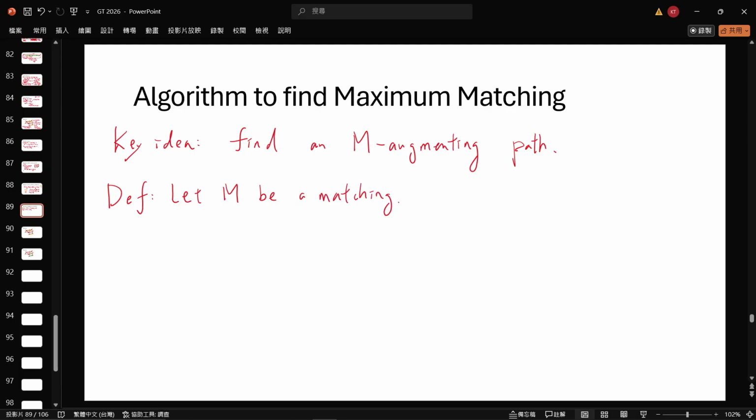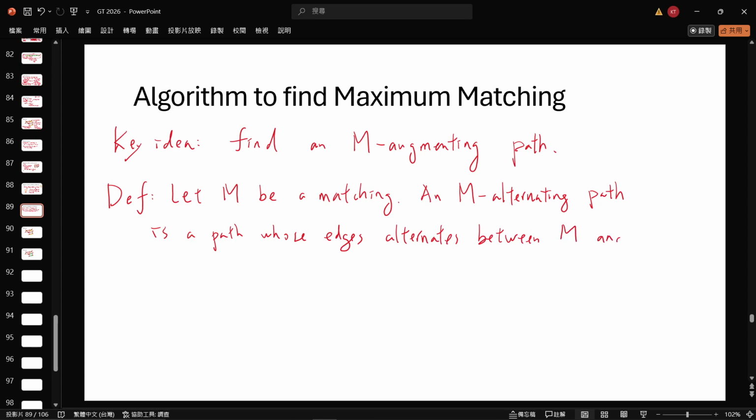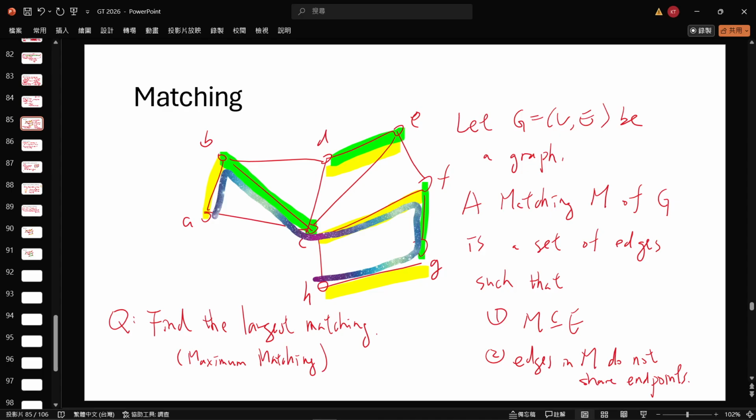Okay, so before I define M augmenting path, I'm going to define a very similar related concept called M alternating path. So this is also an M alternating path.